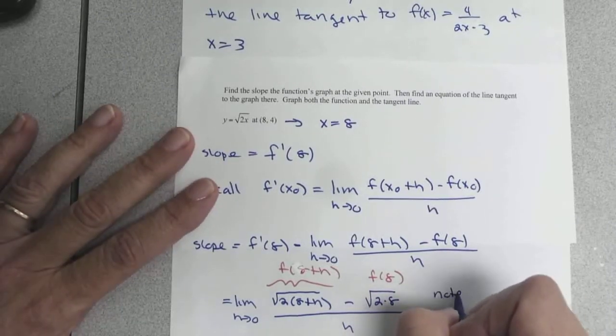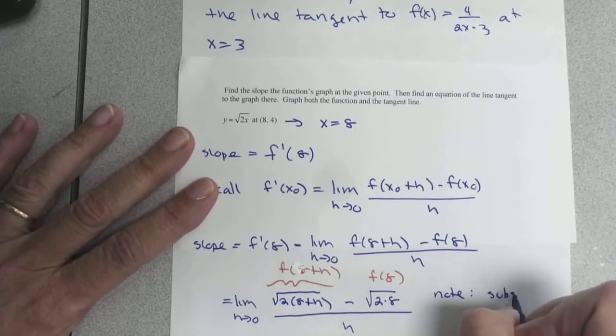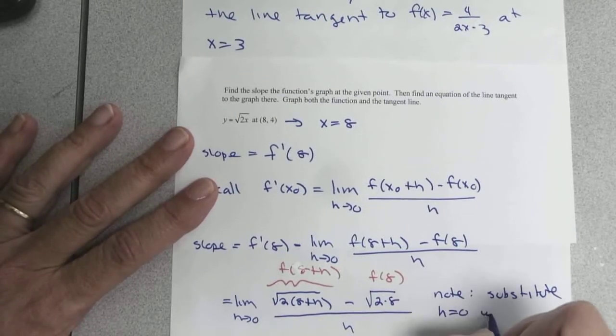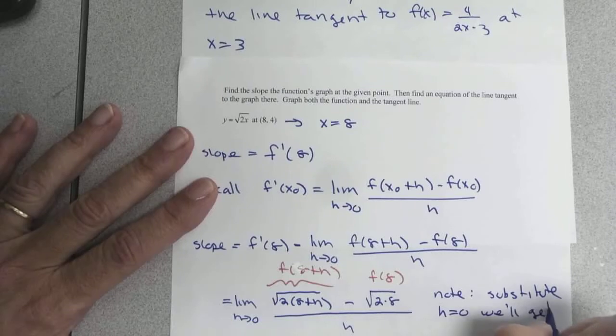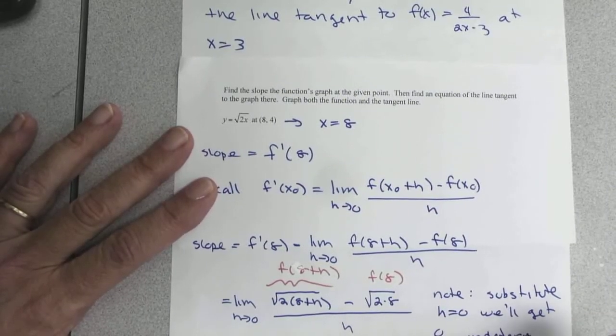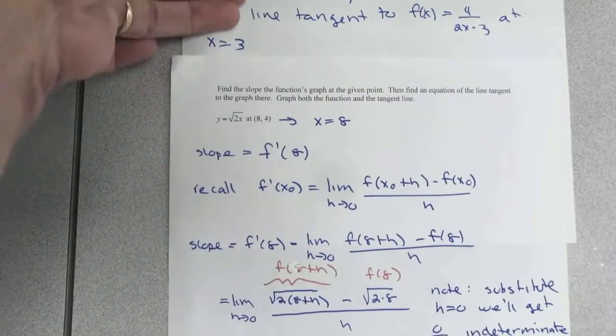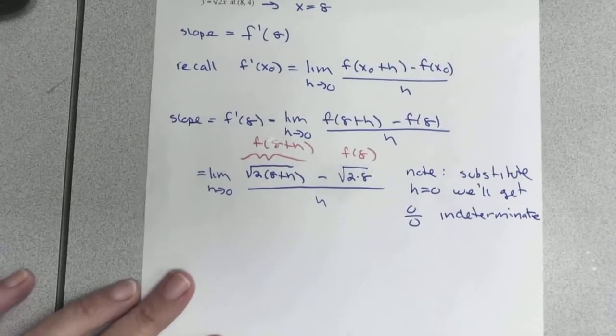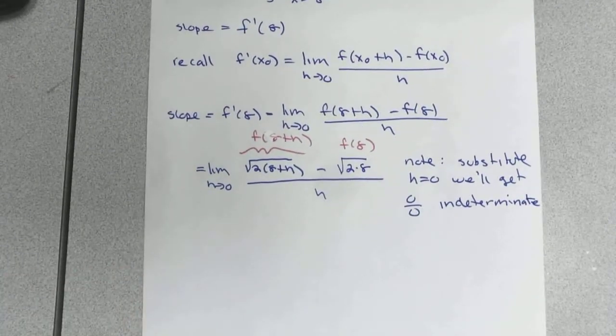And now we're going to just start working it out. And note here, if we substitute h equals 0, we'll get 0 over 0, which is indeterminate. So we need to do whatever algebra we can think of to cancel that h. That's always your end goal, to cancel those h's.